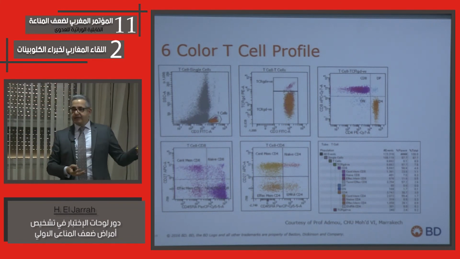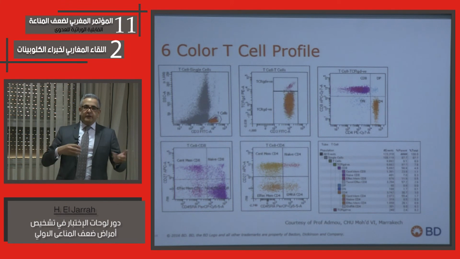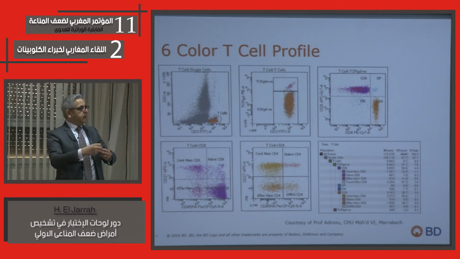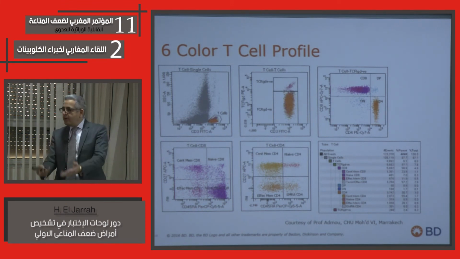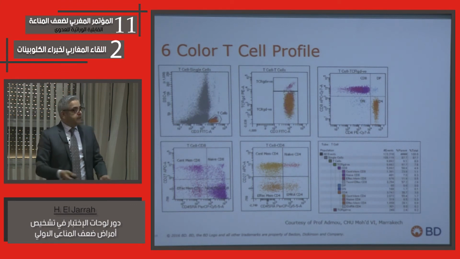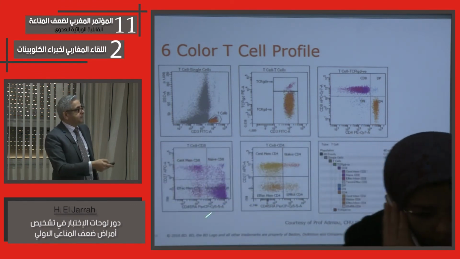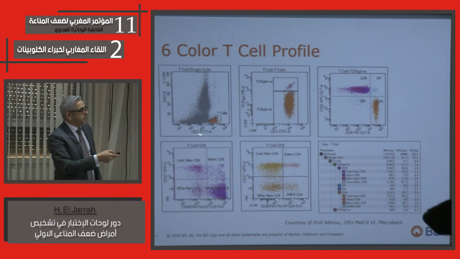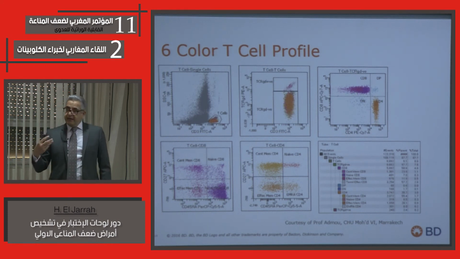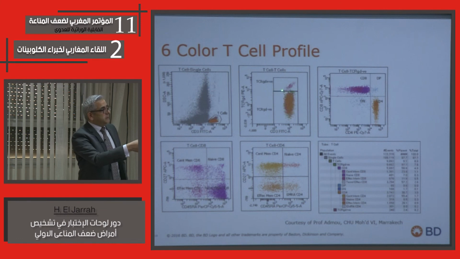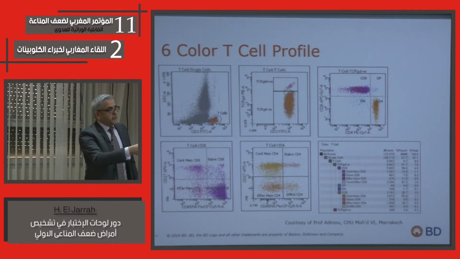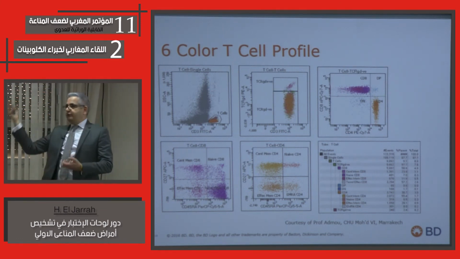Now, he has a 6-color machine, and he wanted to apply the same approach, which he did, and you can see that he successfully managed to identify the CD3 positive cells, look at the TCR gamma delta, alpha beta, 4, 8, double positive, double negative. And again, because we are using TCR gamma delta, the software allows us to take them out.